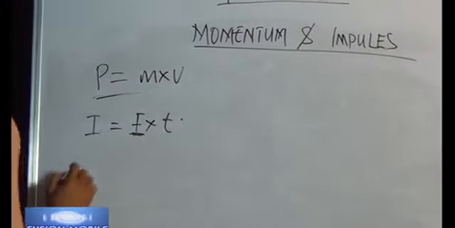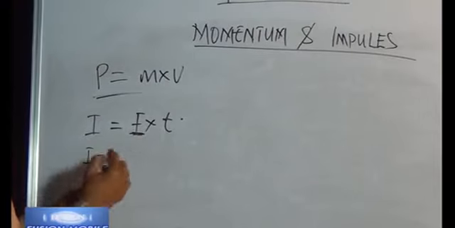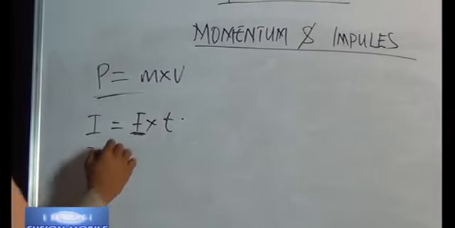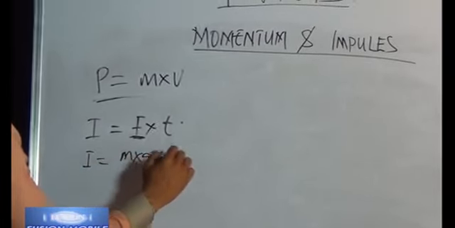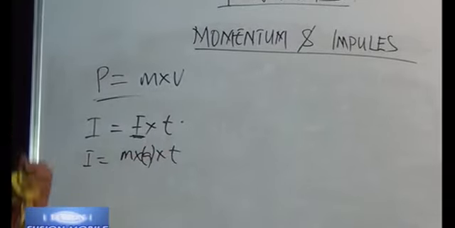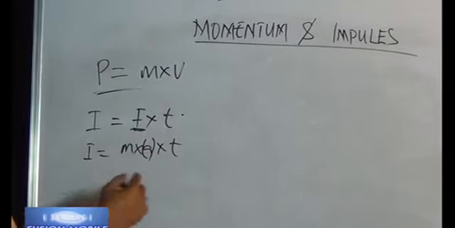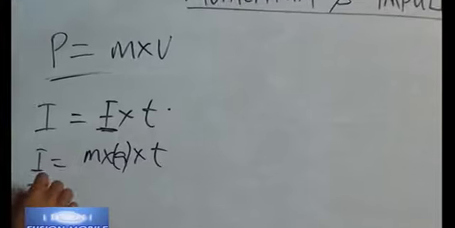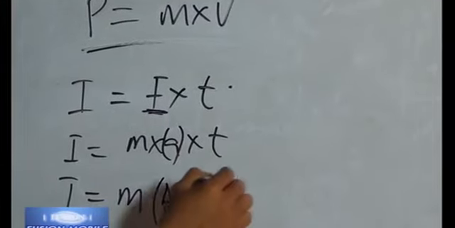We know that force is mass times acceleration, which is mass times a, and we know what acceleration is, which is change in velocity all over time. So we'll say that impulse is equal to m bracket change in velocity delta V over time, times this time here. So time will marry time and both will go for honeymoon. So we have I equal to m delta V.